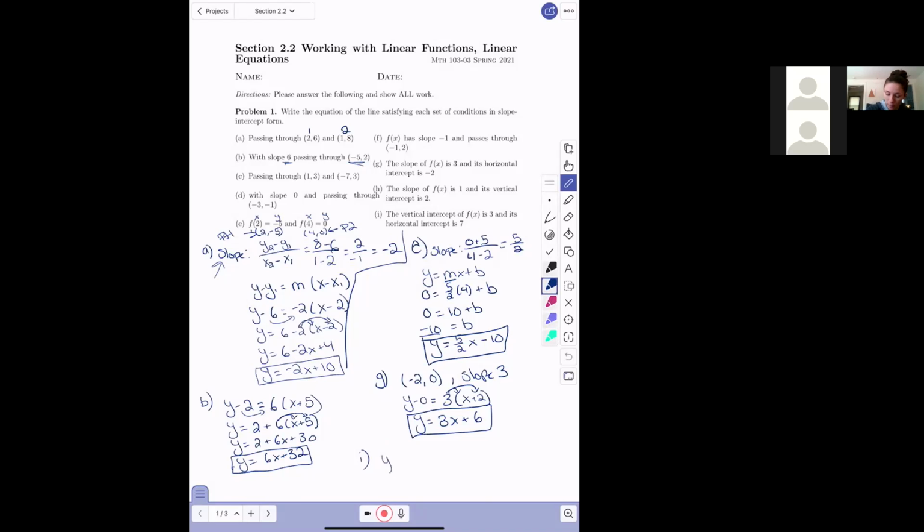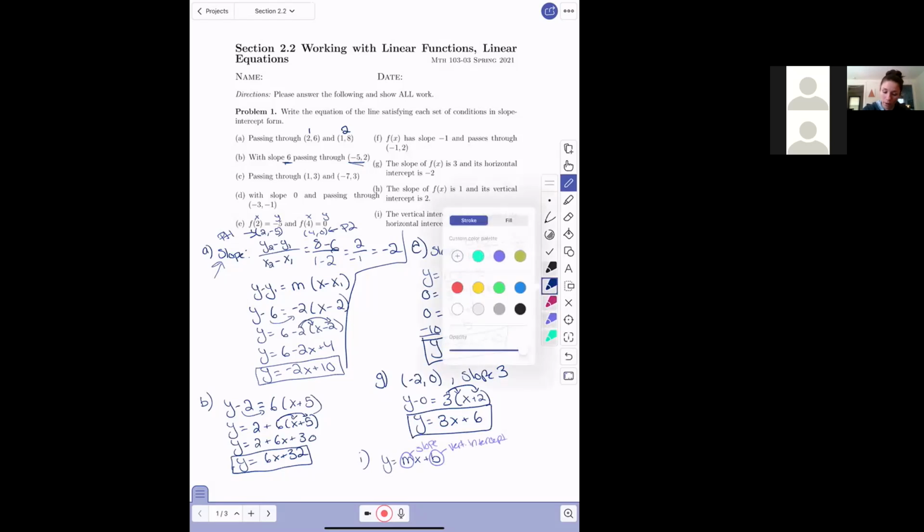So we have y equals mx plus b. Here m is the slope, b is the vertical intercept. So we could go ahead and just plug that right in.